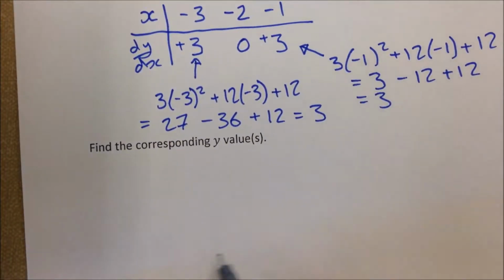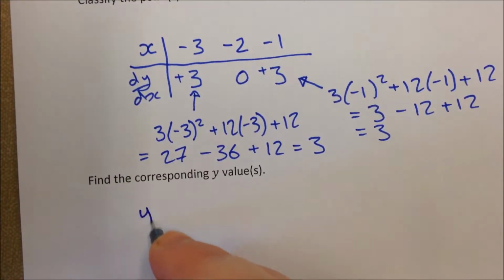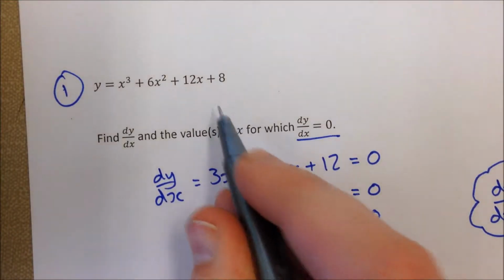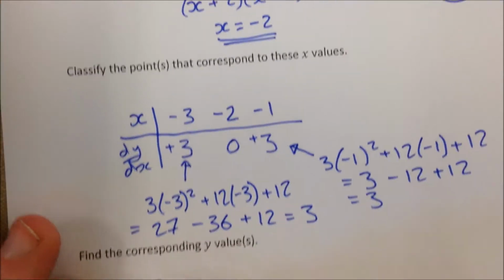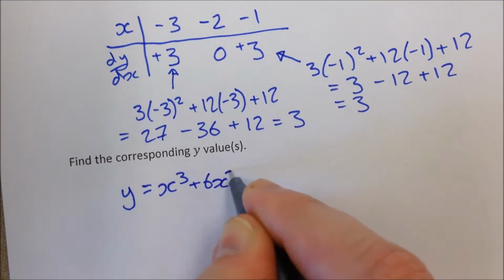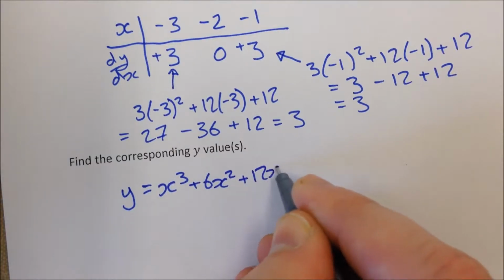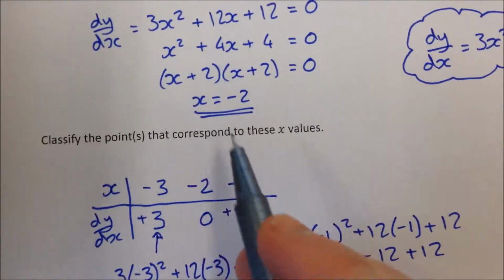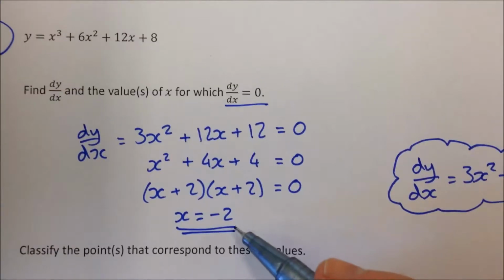Find the corresponding y value. So we need a formula that tells us what y is. So we go back to this thing up here, the very top. y equals x cubed plus 6x squared plus 12x plus 8. And we are going to put in our value of x that we found in the first part.